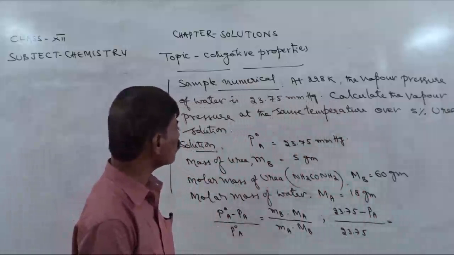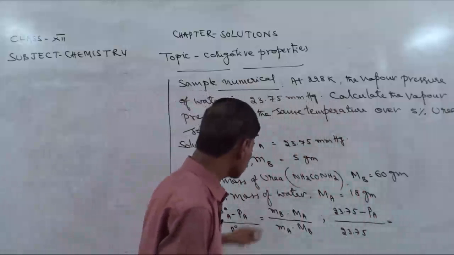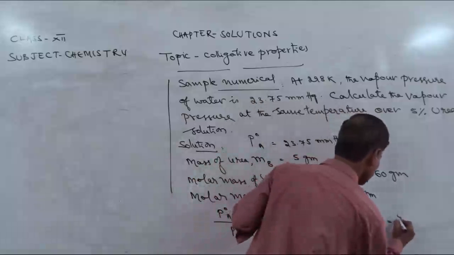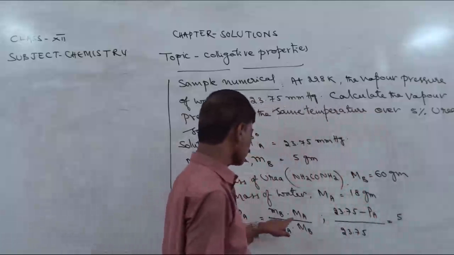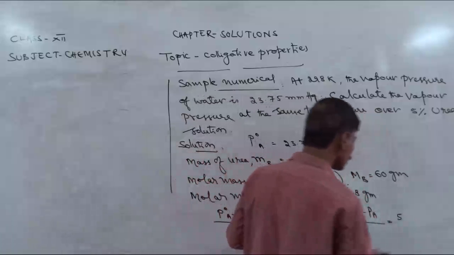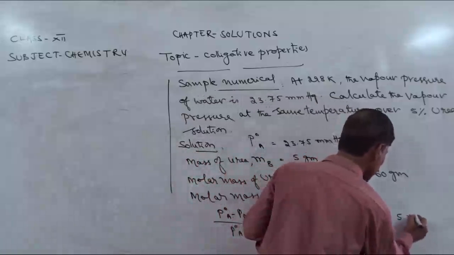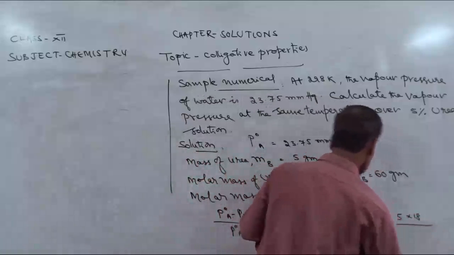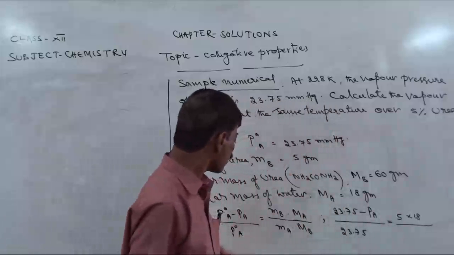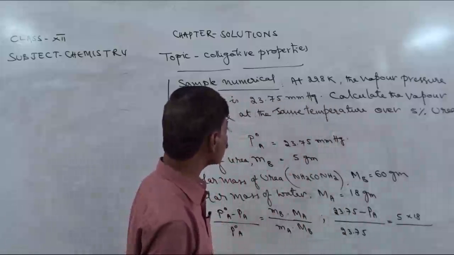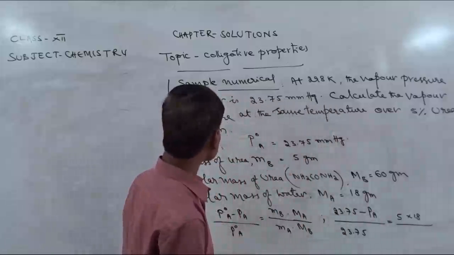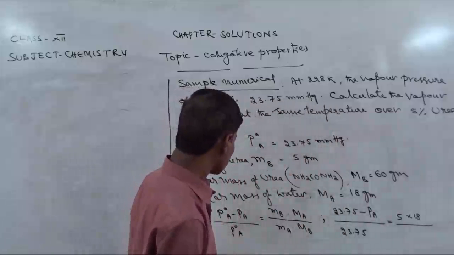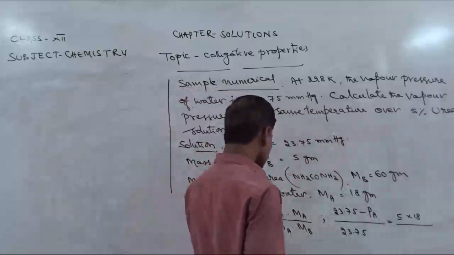Here solute is urea, so mass of solute is 5 grams, multiplied by capital MA, that is molar mass of water, 18 grams, divided by small MA, that is mass of solvent, which is not known to us.